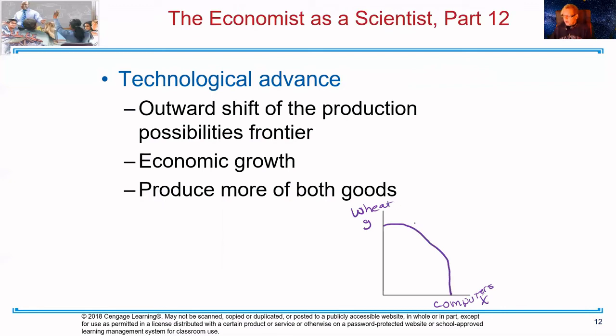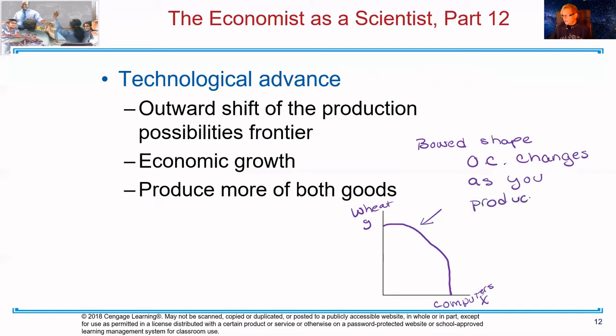Now, we're measuring all three factors of production, so we have a bowed out shape. The bowed out shape also tells us that the opportunity cost changes. When you have a bowed out shape, opportunity cost is no longer constant as you produce more of one product, in this case, maybe produce more wheat and less computers.